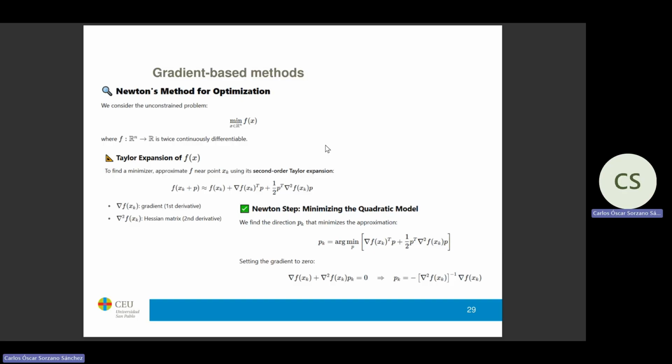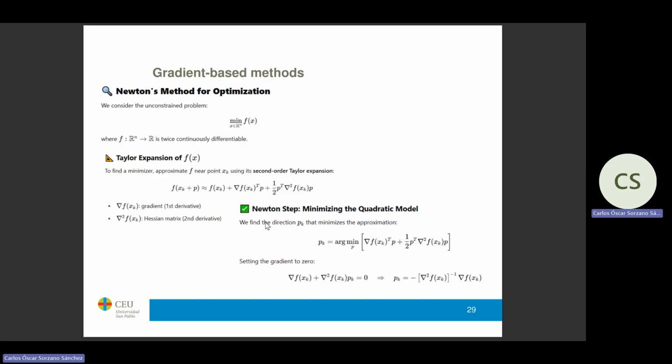Very good. Then all these methods, many things are based on a Taylor expansion. The gradient descent is related to the first order Taylor expansion of the function.